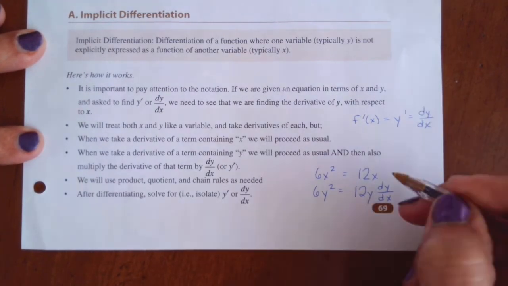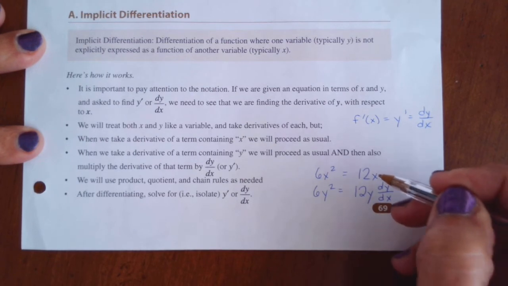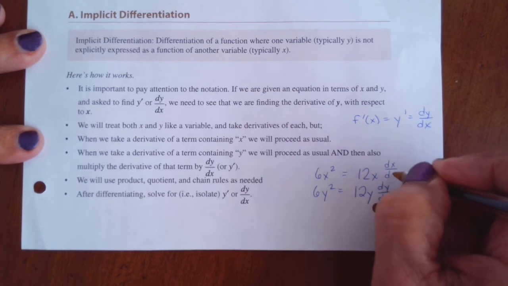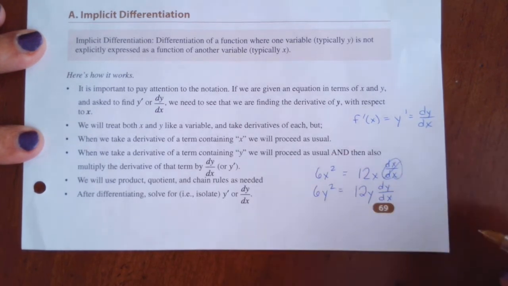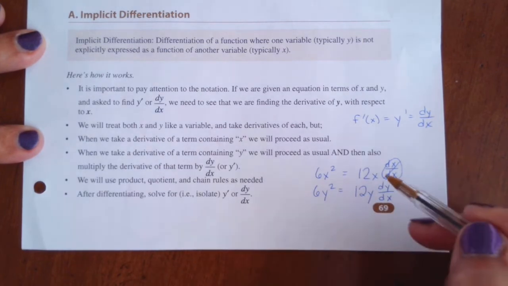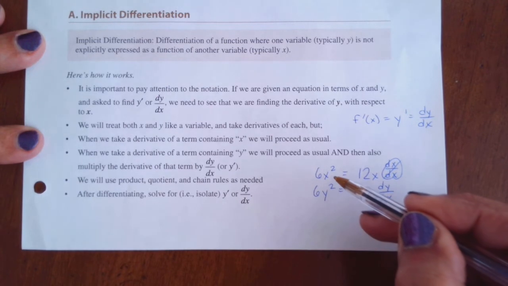We actually did that up here, we just don't write it. We're taking the derivative of x with respect to x. Well, if I wrote that, dx over dx, that's just 1, and that cancels out, so we don't need it. That's why everything we've done so far, we've just done the derivative. But it is the derivative of this variable with respect to x.